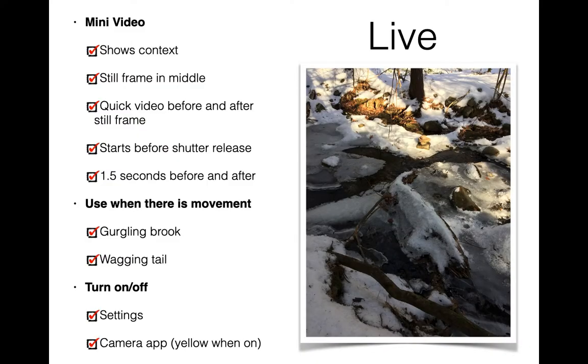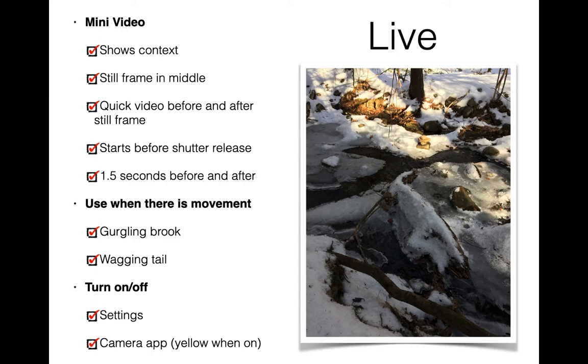Okay, now you remember I showed you that in some of the newer cameras, there is the live option. It was the yellow concentric circles. Well, live means it's actually a mini video. It shows the context that you're taking the picture.